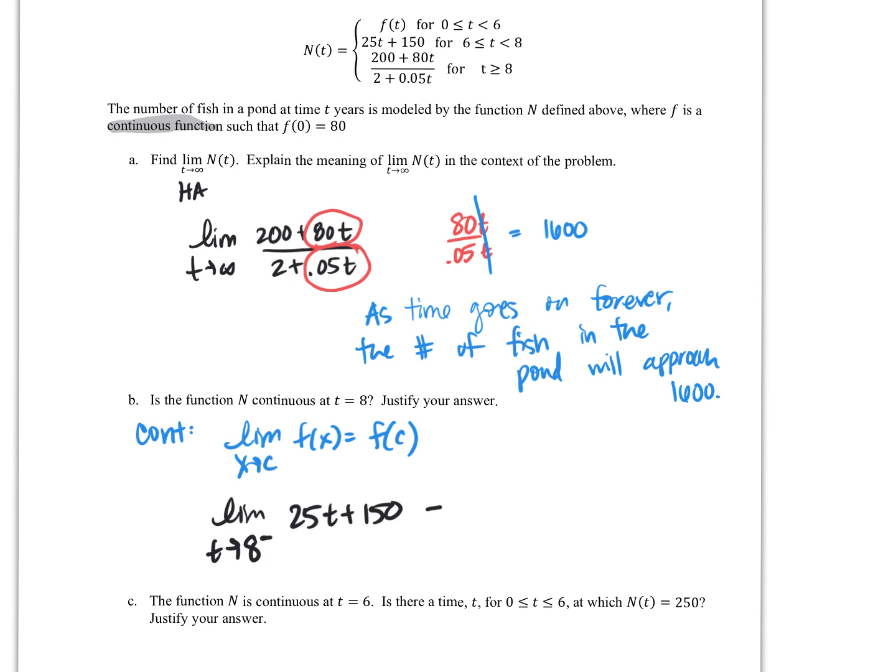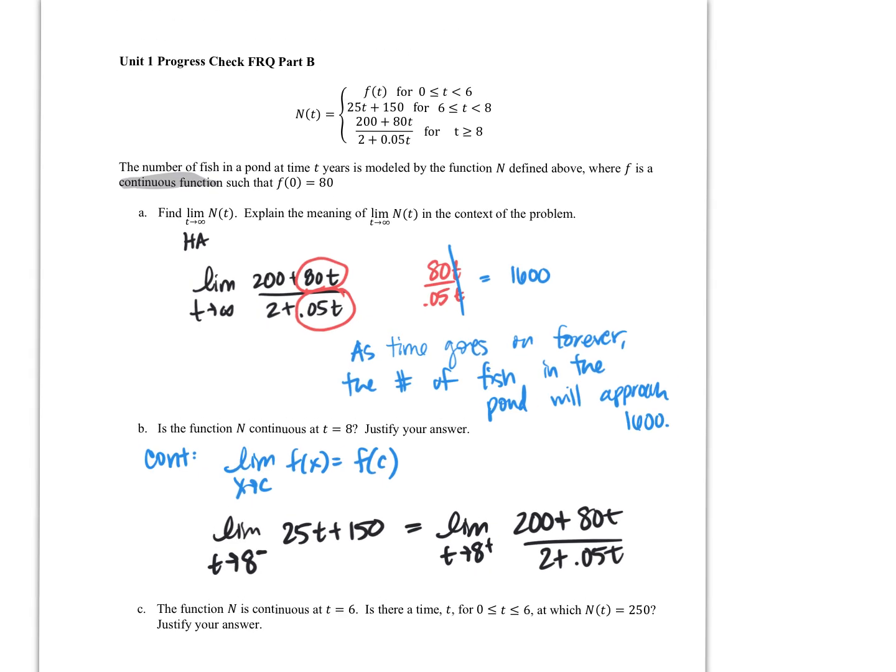And we want to see, is that equal to the limit as t approaches 8 from the right? From the right, those would be values greater than 8. So I'd say 200 plus 80t over 2 plus 0.05t.